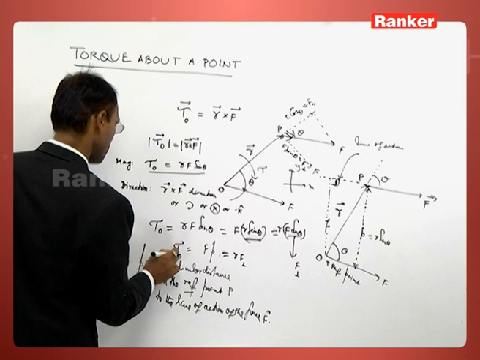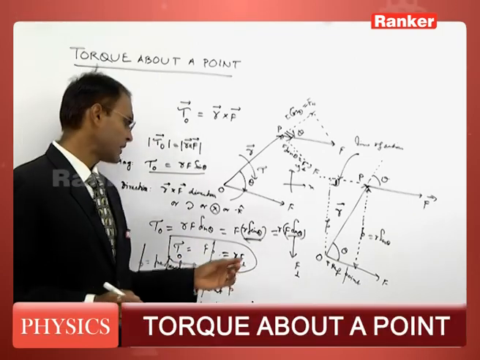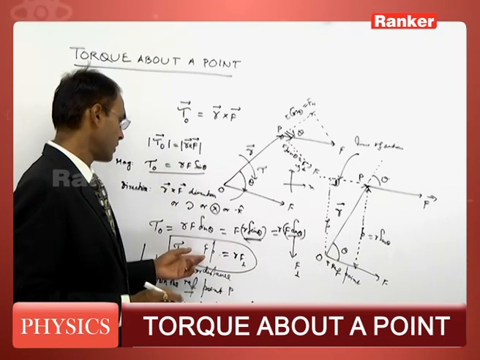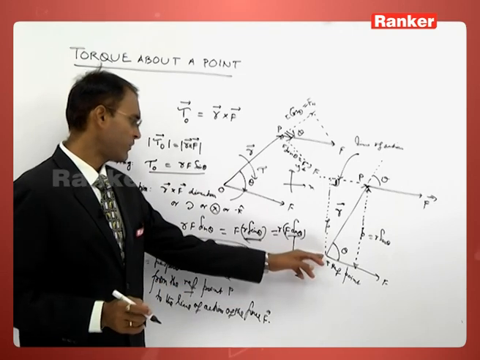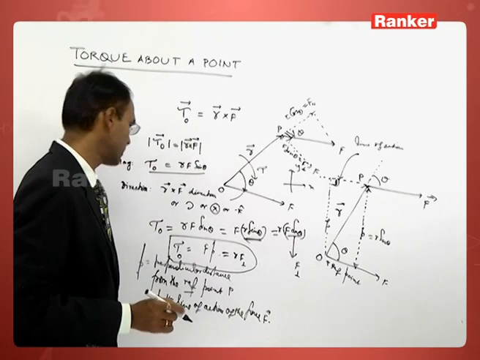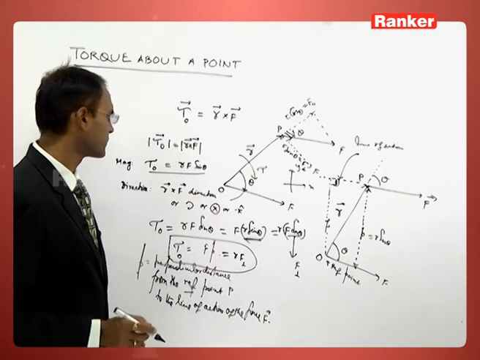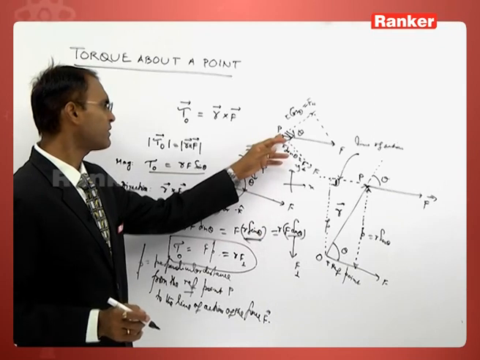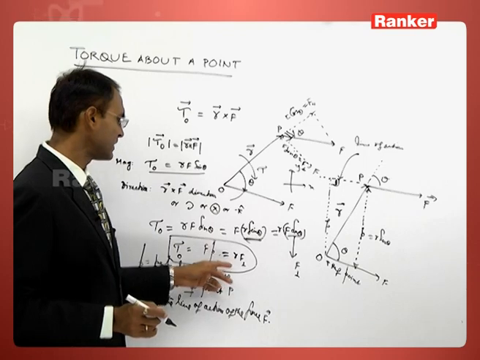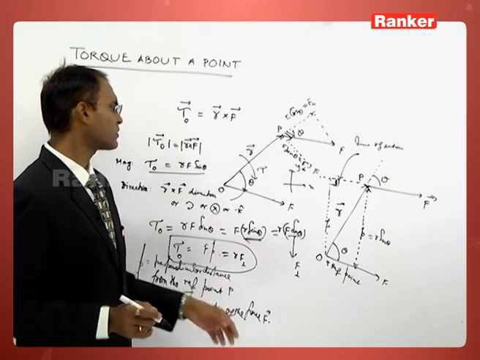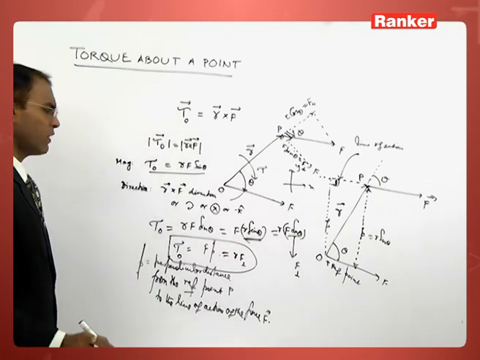So, the torque of the force about the reference point can be written as the product of the force magnitude and the perpendicular drawn from the reference point onto the line of action. It can also be written as the position vector of the point of application of the force with respect to the reference point into the component of the force perpendicular to the position vector. In both ways you can write the torque.